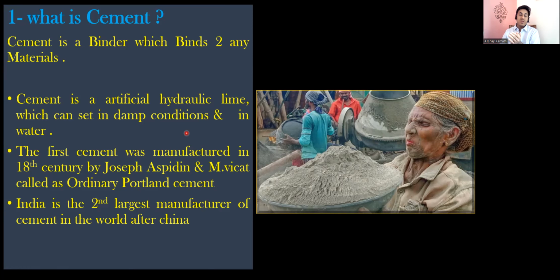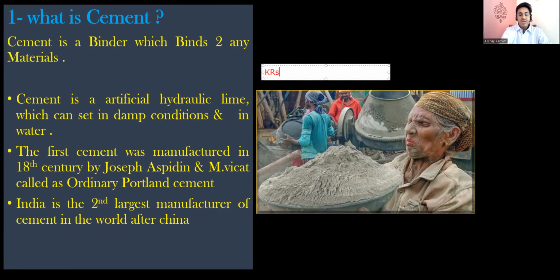If you visit the KRS dam, Krishna Raja Sagar dam, which is in Mysore, constructed by Sir M. Visvesvaraya, on whose day we celebrate Engineers Day in India, that particular dam was constructed with the help of jaggery. So that also was a binder.